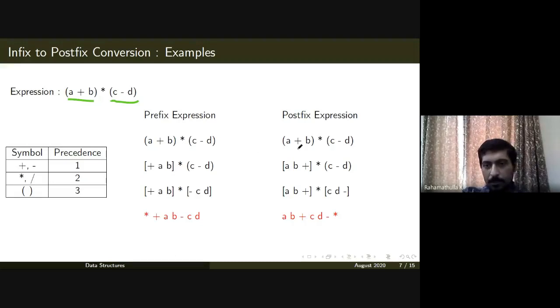So postfix conversion, A plus B is converted AB plus, C minus D is converted CD minus. So it is AB plus CD minus, and the multiplication goes right hand side. Here it will be just opposite. Multiplication will go left hand side.